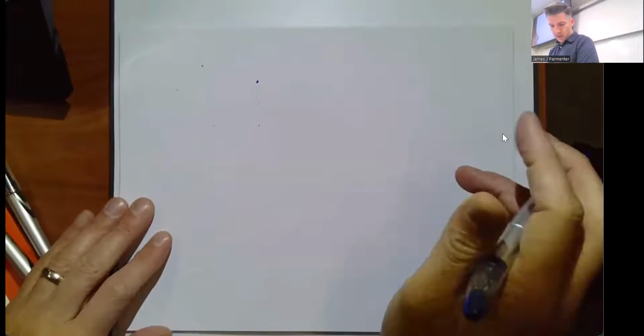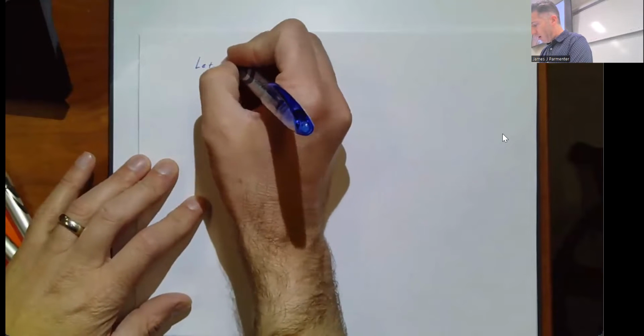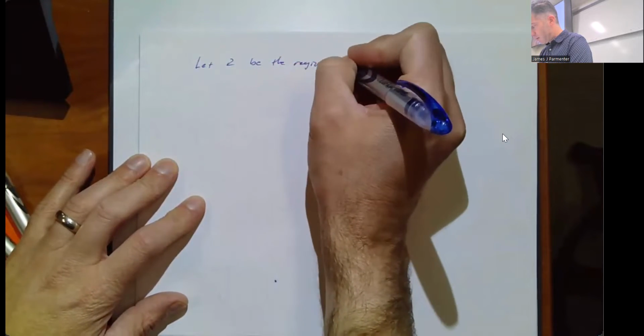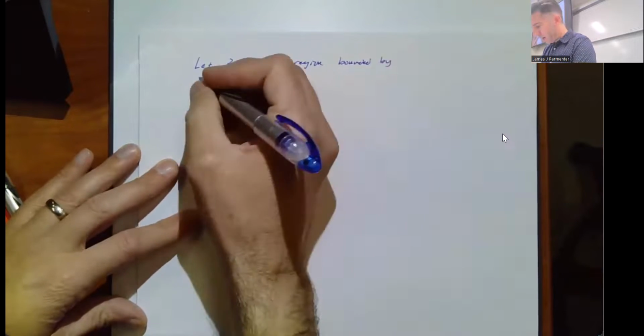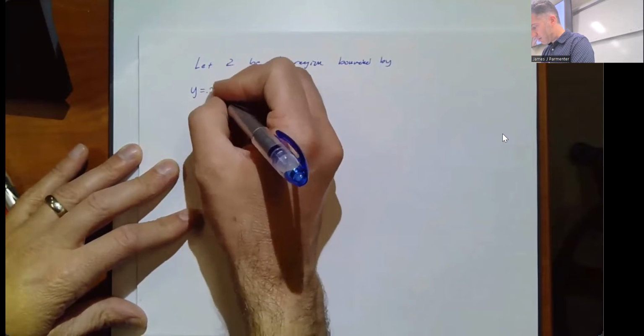Let's look at this one. Let's say we want to find the region. So we have the region R. Let R be the region bounded by the following. What have I got here? Y equals x squared plus 21. Wow, I'll just write it this way.